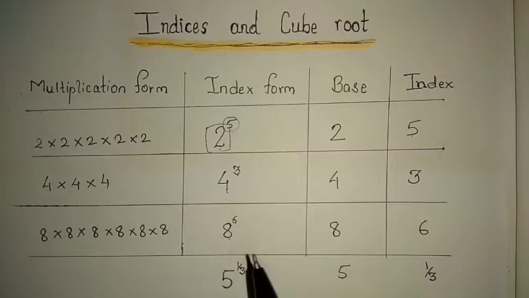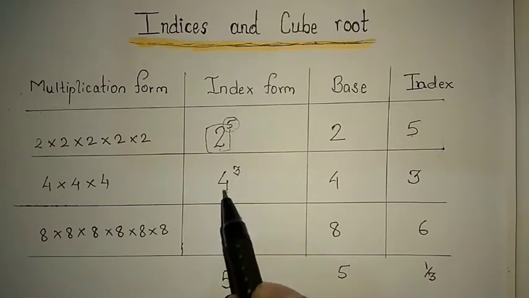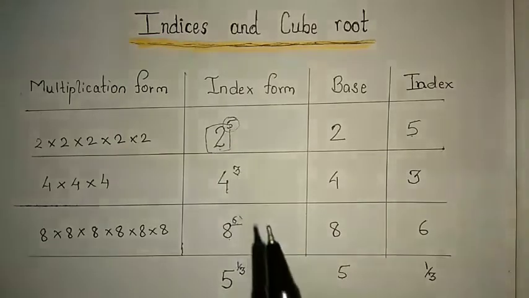When the index is a whole number, not written in fraction form, it is a simple number, so we will call it power. Sixth power of 8, third power of 4, fifth power of 2.